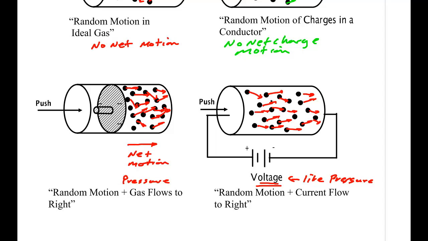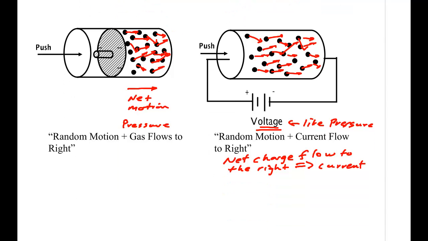Some would still go in various directions. But the net effect is there's a net charge flow to the right. We call this a current. So there's always motion of the electrons. The voltage simply gives them a net motion in one direction, and that direction of positive charge flow is what we call current.